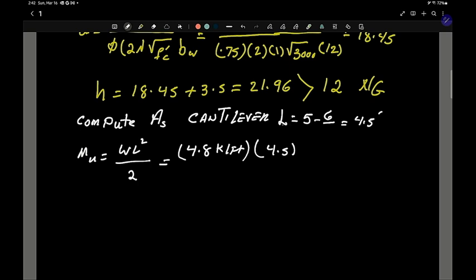If you look at the length from the face of the wall to the edge of the footing, it's 5 feet minus 6 inch. Makes it 4.5. Then divide by 2. That should give us 48.6 kip-foot.